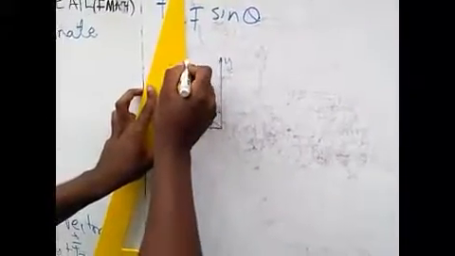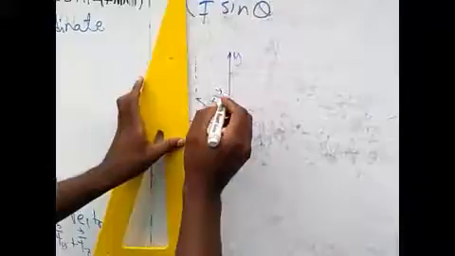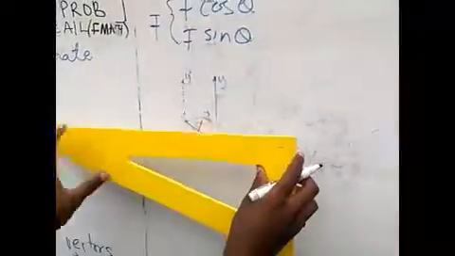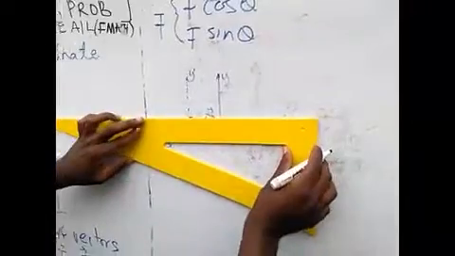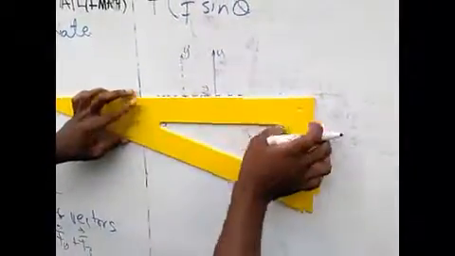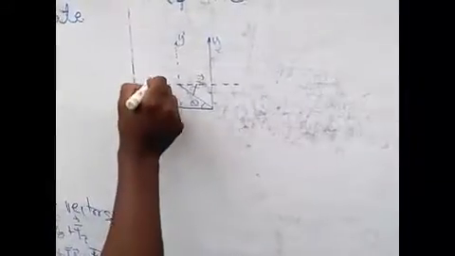I start by taking my parallel y coordinate, I call it my y prime, and I call this my x prime.